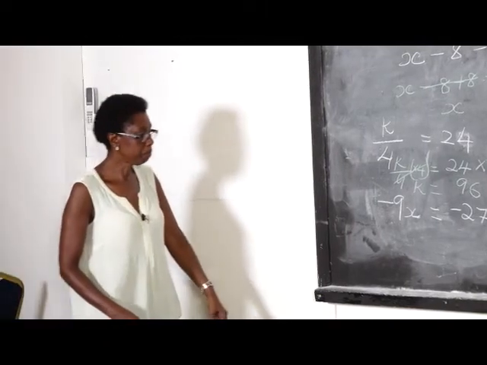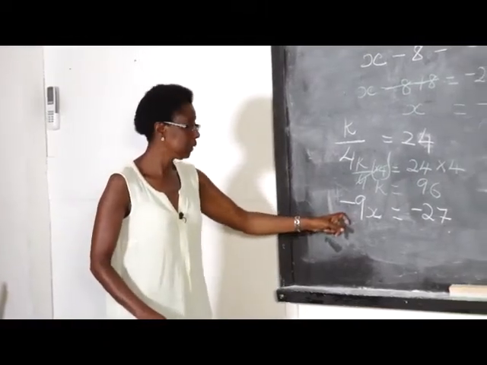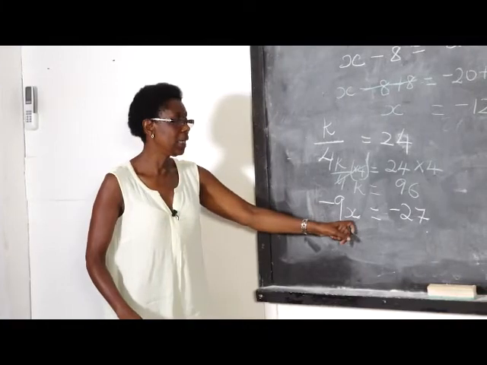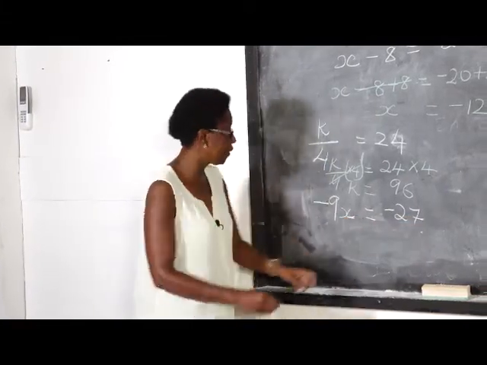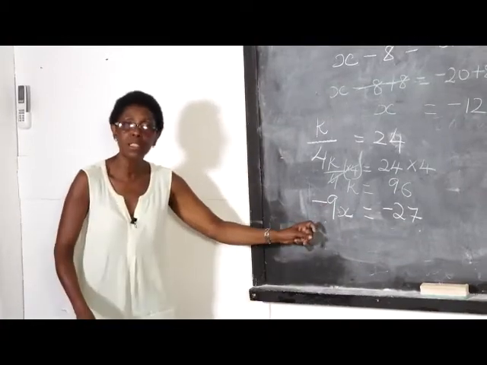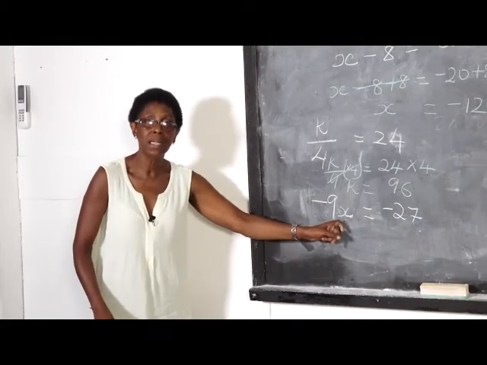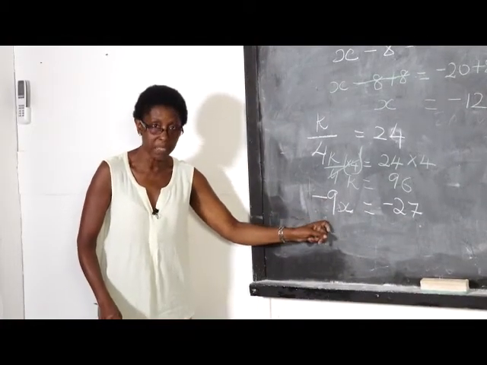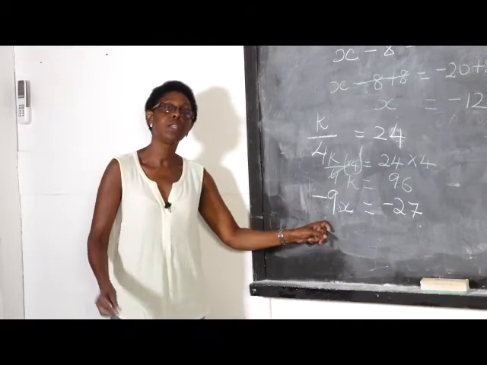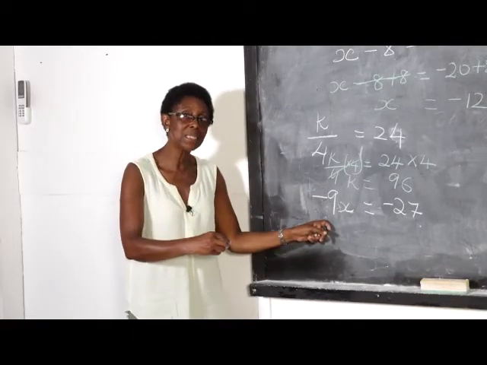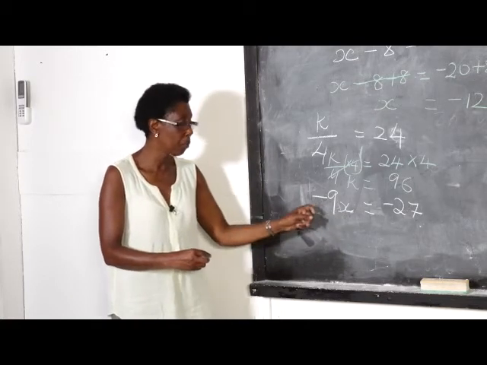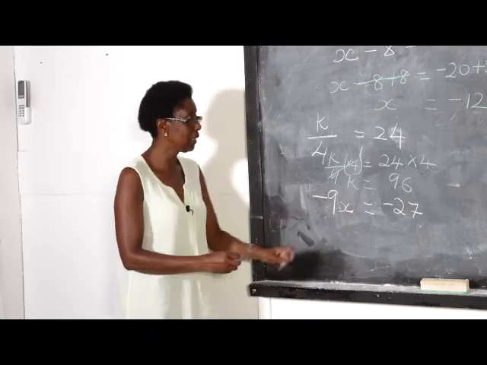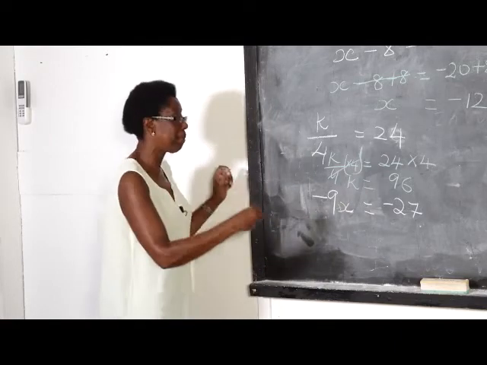Okay. The last one, minus 9x equals minus 27. Now remember, I've said between the 9 and the x, it's a multiplication. So we're going to do the opposite of times by minus 9. So we're going to divide by minus 9.